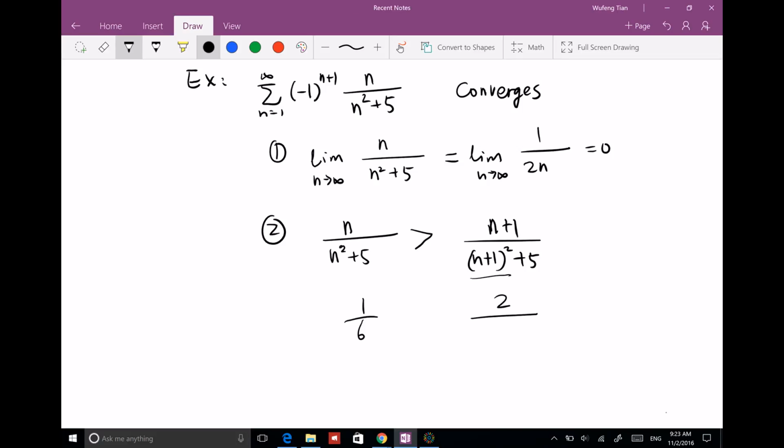Oh, sorry, it's 3. So for n equals 1, it's 1 over 6. For n plus 1, 1 plus 1 is 2, and 2 squared is 4, plus 5 gives 2 over 9. Yes. Now check it out. The common denominator is 18. So this is 3 over 18, and this is 4 over 18.